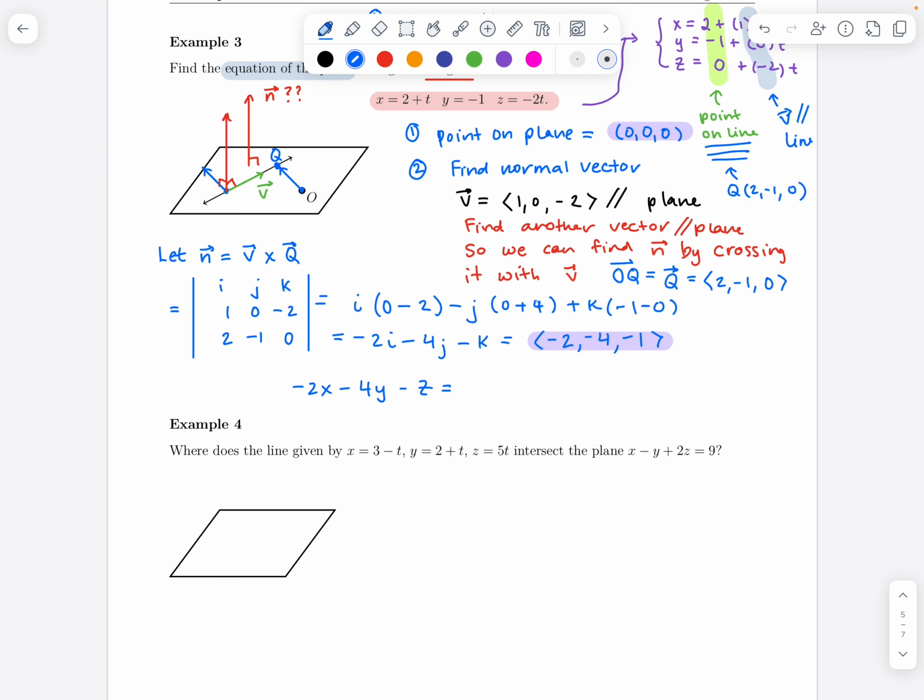That will be equal to my normal vector dotted with my point that I know is on my plane. And remember, we know that a point on the plane was the origin. And anything dotted with the 0 vector is always just 0.